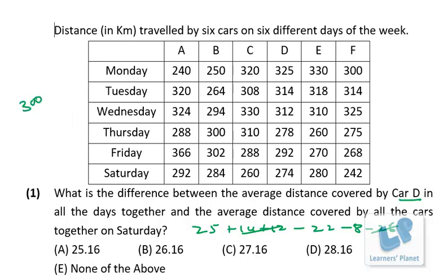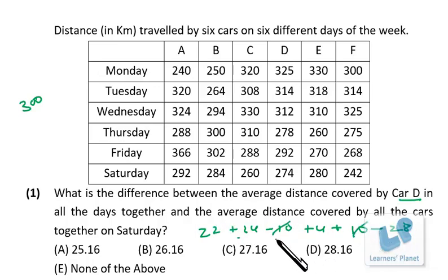Okay. Now we have to find the average of all the cars on Saturday. Once again I can assume the average to be maybe 270, say, right? So it is plus 22, plus 14, minus 10, plus 4, plus 10, minus 28. That is 270 plus or minus whatever.